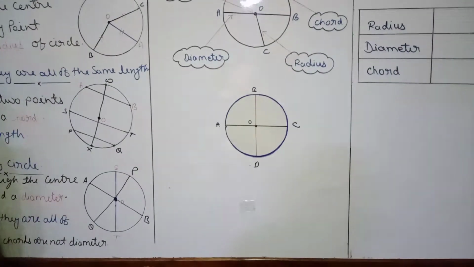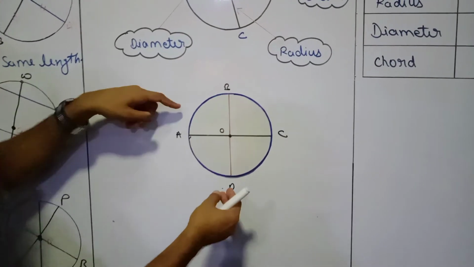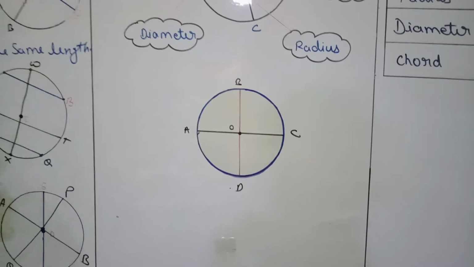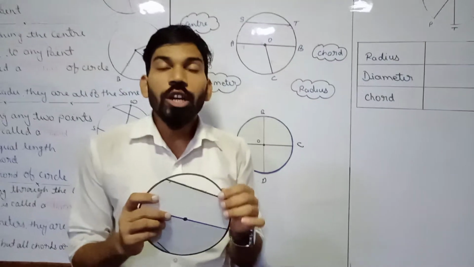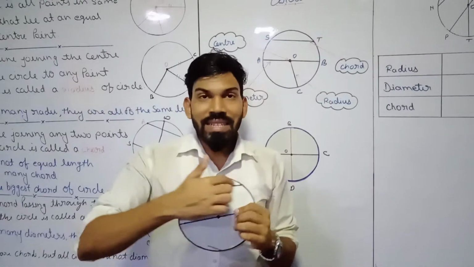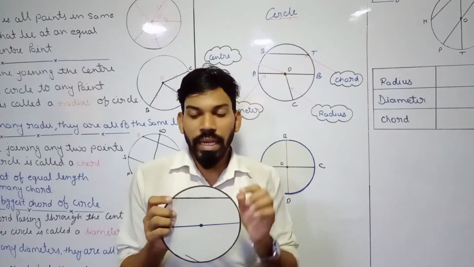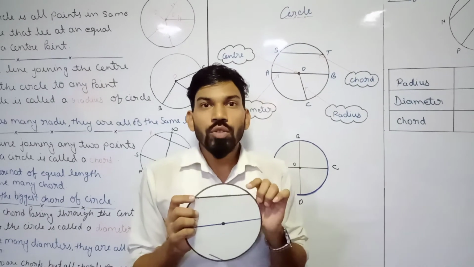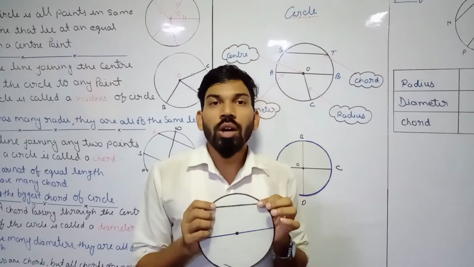Now, the next important thing: what is a chord? A chord means the line segment joining any 2 points of the circle. So that is called a chord.